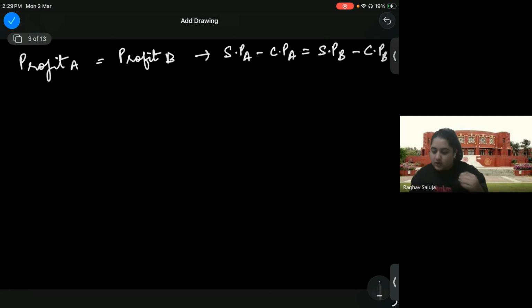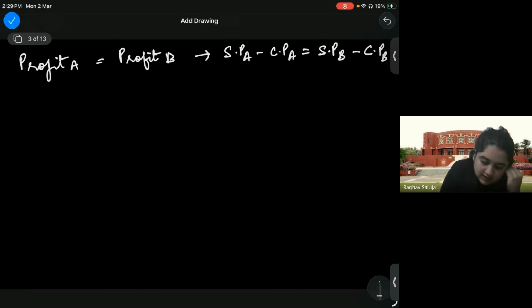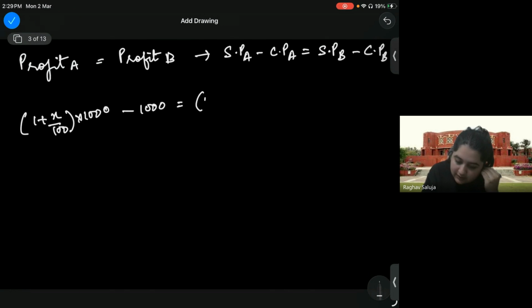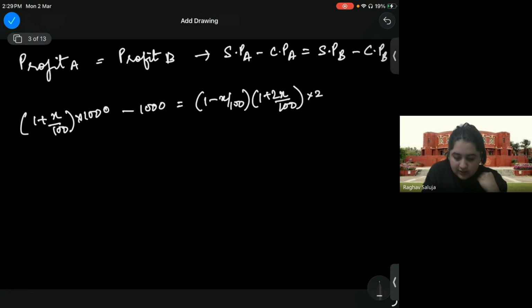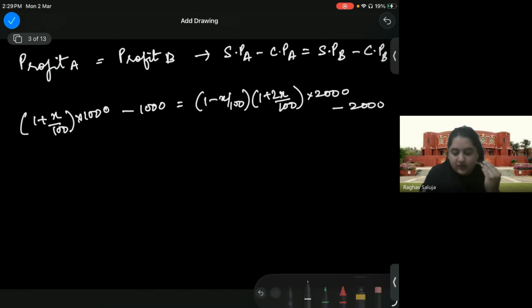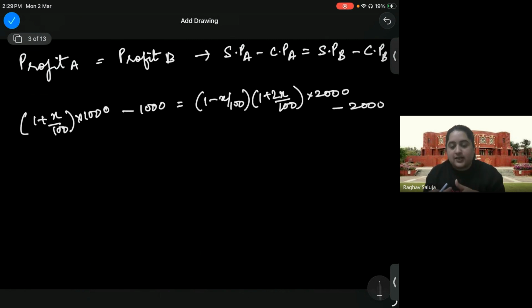which is nothing but selling price A minus cost price A equal to selling price of B minus cost price of B. So our selling price for A was 1 plus X by 100 into 1000 and cost price is 1000. And our selling price for B was 1 minus X by 100, 1 plus 2X by 100 into 2000, minus the cost price, which was 2000. So now we just have to equate this equation, and then we will get the answer.